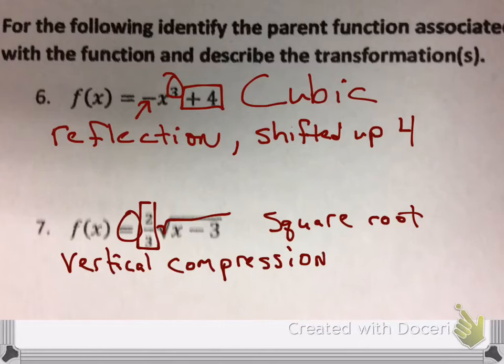Notice how this radical symbol, that's what a square root symbol is called, radical, extends over to 3. So that's like this is in parentheses. So that's a minus 3 there. And again, when we're inside that parentheses, we kind of go the opposite direction. So that minus 3 means I'm going to the right 3. That's pretty much it for that one.